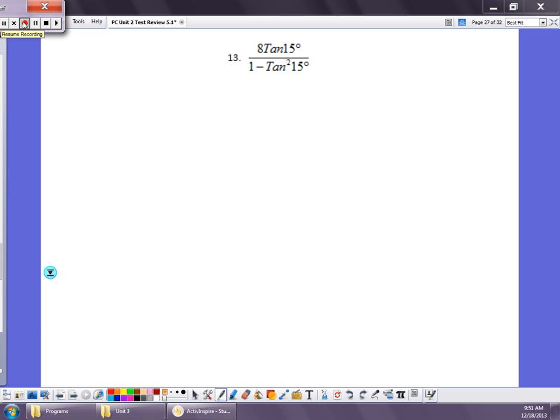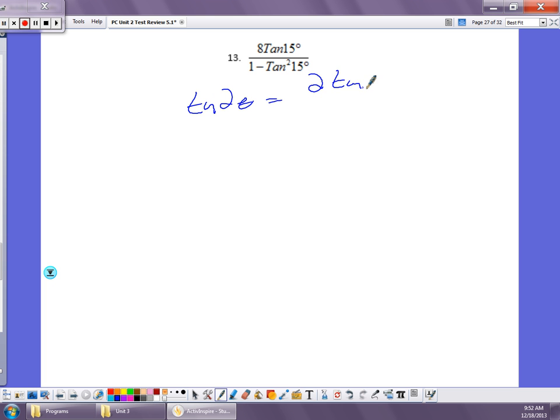So, looking at this identity, this matches up with tan 2 theta, which equals 2 tan theta over 1 minus tan squared theta. So again, you see, it does not match up 100%. So I need to make my identity match the problem. So what do I have to multiply by? 4, right.